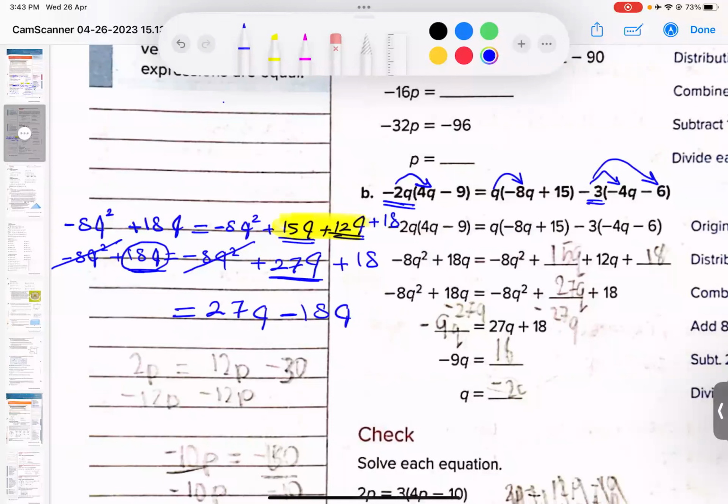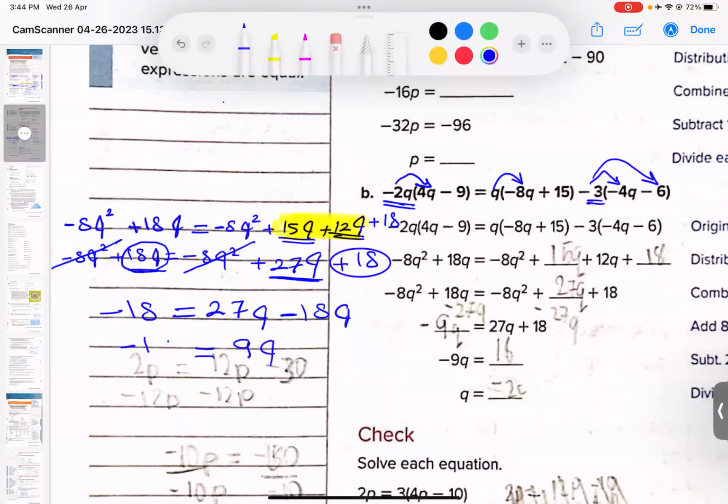Because I've moved that. So it's supposed to be negative. So it's going to be 27q minus 18q. And what about positive 18? It's gonna go to the other side, so it's going to be negative 18. 27 minus 18 is going to be 9q.